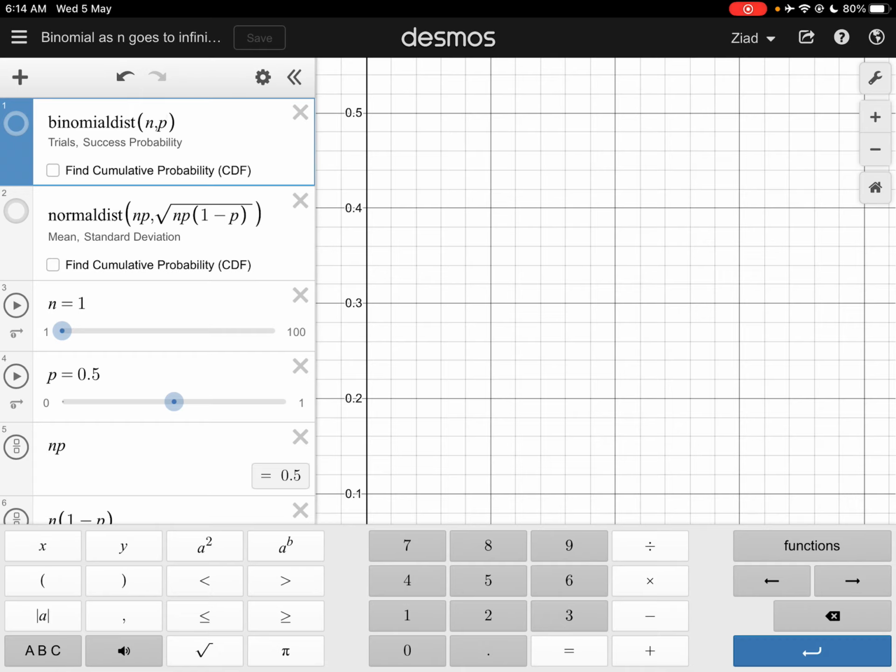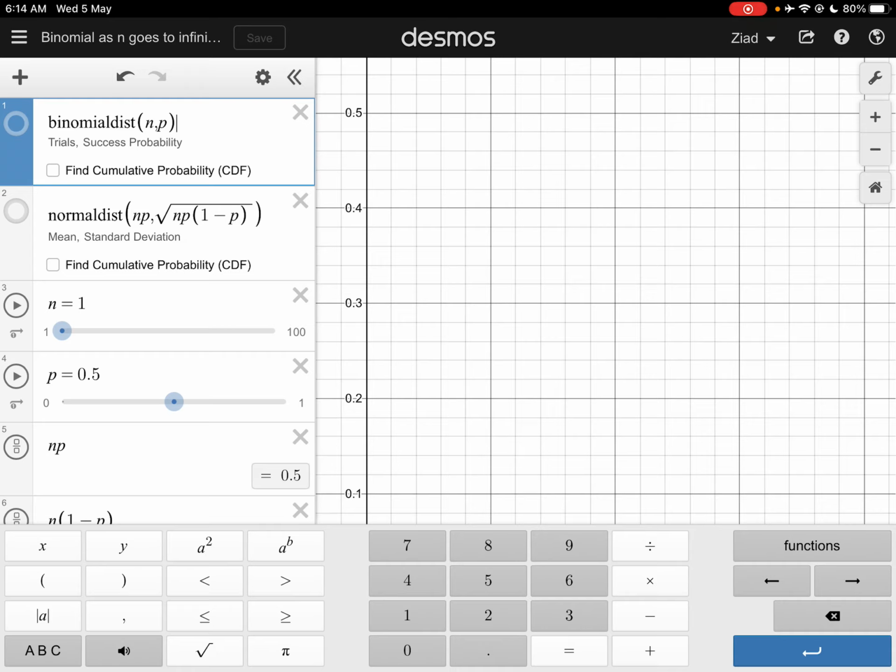Remember that the binomial distribution is a discrete distribution, and what we're doing now is we are approximating it with a continuous random variable so that we can apply the central limit theorem and get a result on the sampling distribution of the sample proportion.